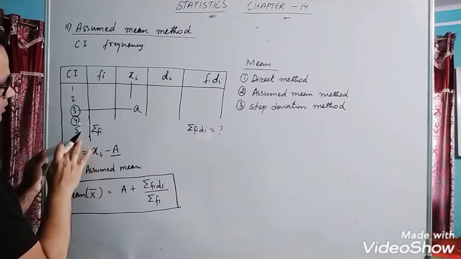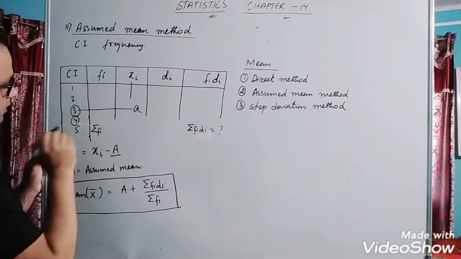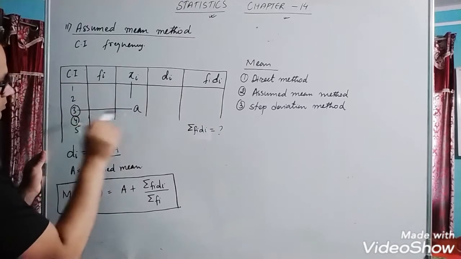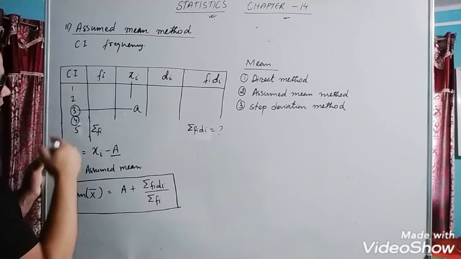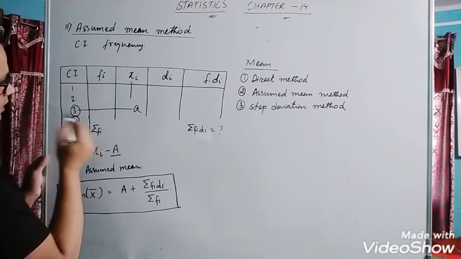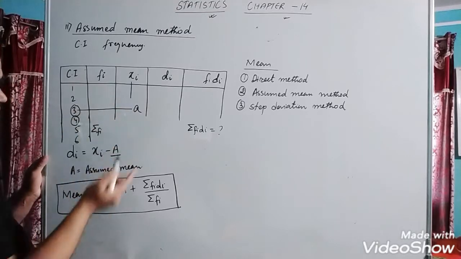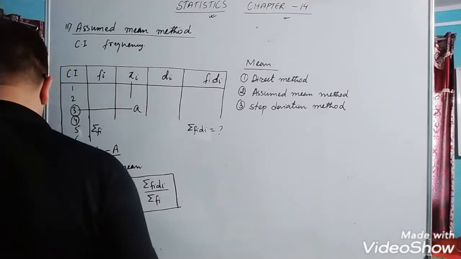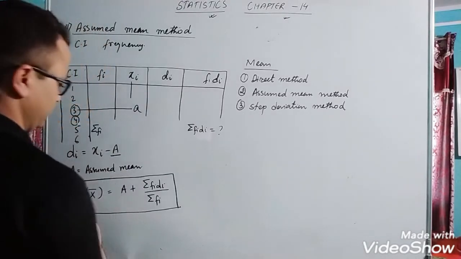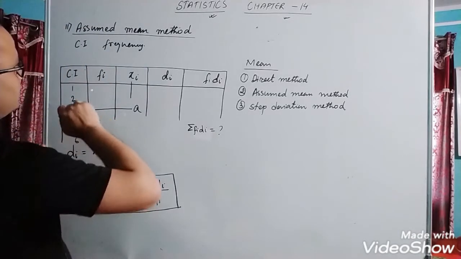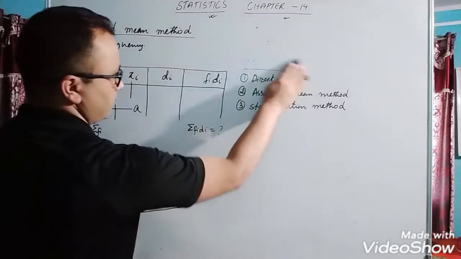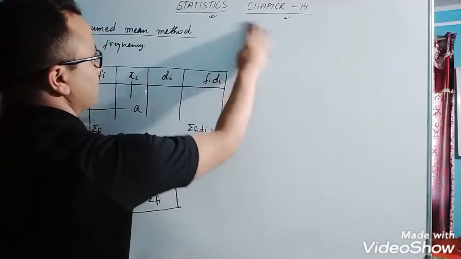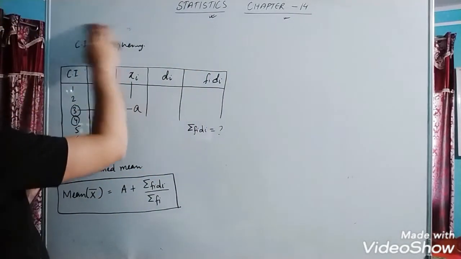In the assumed mean method there are 5 columns, and for the direct method the table has 4 columns. Now the last one is the step deviation method.